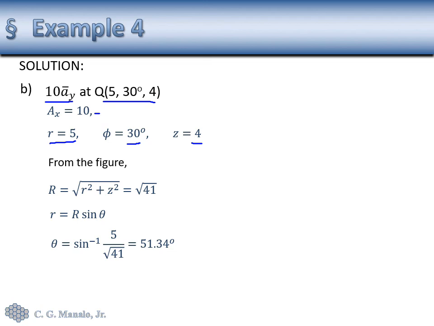And again, using the graphical illustration that relates the different coordinates of the different coordinate systems, we can compute for capital R, and because it is related to small r by this relationship, we can also compute for theta.